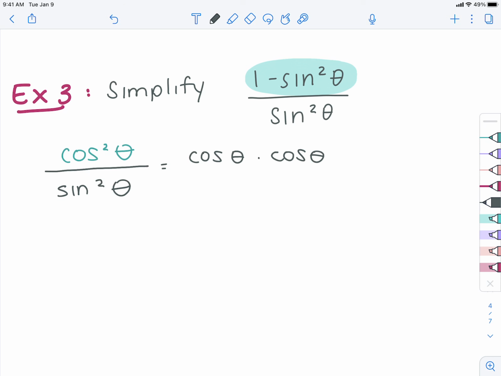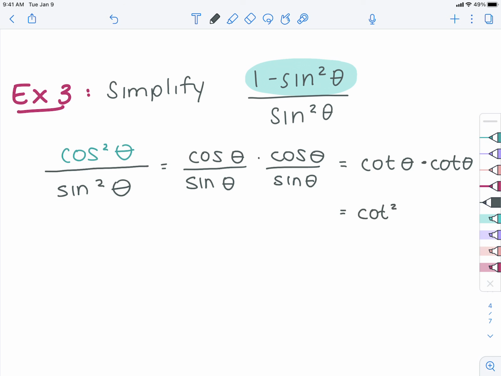It's the same thing as saying squared over sine theta and sine theta. And cosine over sine is really cotangent, so I really have cotangent theta times cotangent theta, which means I really have cotangent squared theta.